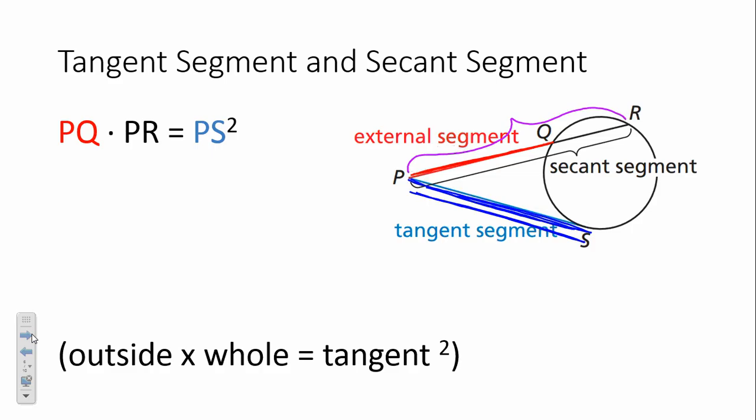And on a tangent, the outside part is the whole part. That outside segment is the whole tangent segment. So it says that PQ, the distance between P and Q, times the distance between P and R, the whole segment, equals the tangent squared, PS squared.